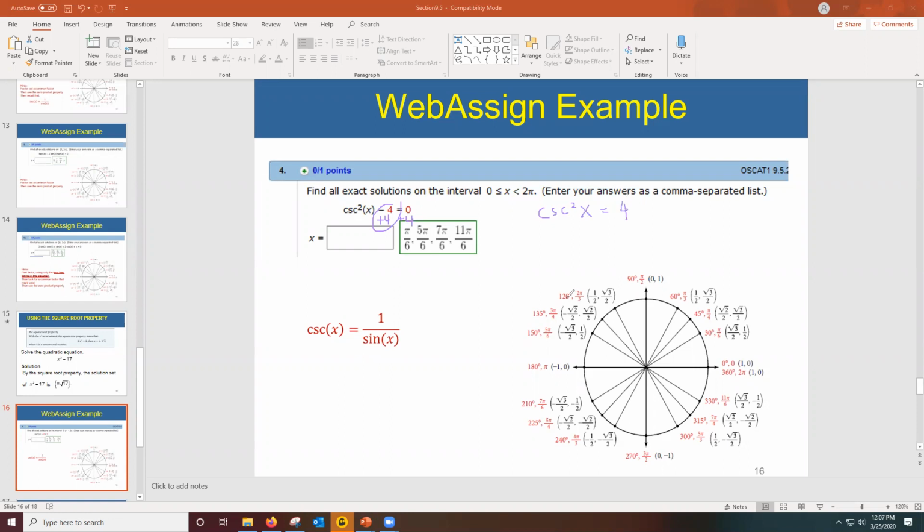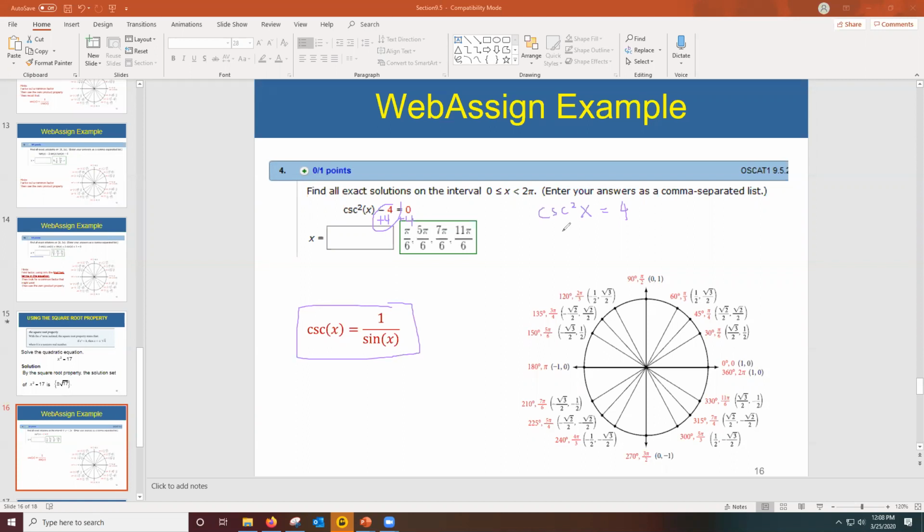All right, but usually I don't like to work with cosecants because cosecant is not on the unit circle. Only sine and cosine are on the unit circle. So let me get rid of cosecant, and I'm going to replace it with 1 over sine.